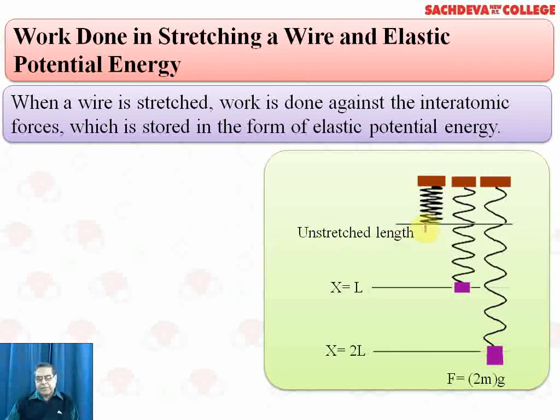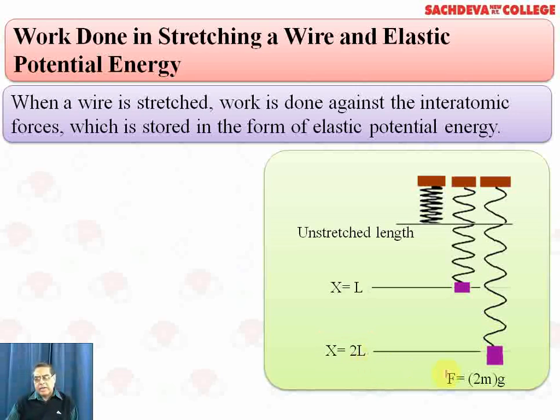So it is shown in the figure. The very first figure towards the left is the unstretched length, that is, the original length of the spring. In the second one, a pink portion is indicated. The pink portion is the load suspended. So the increase in length is taken as L. Then in the third figure towards the right, the same load is there, but the load has been increased, and the increase in length is 2L.